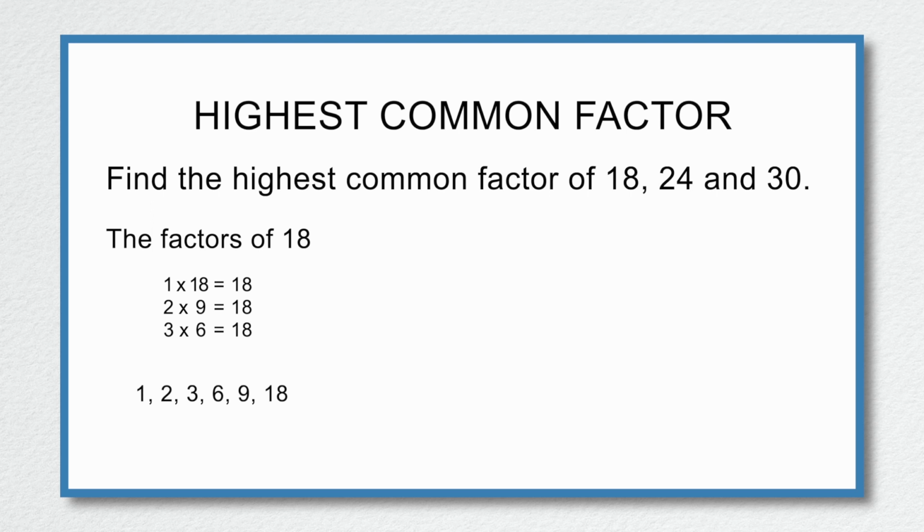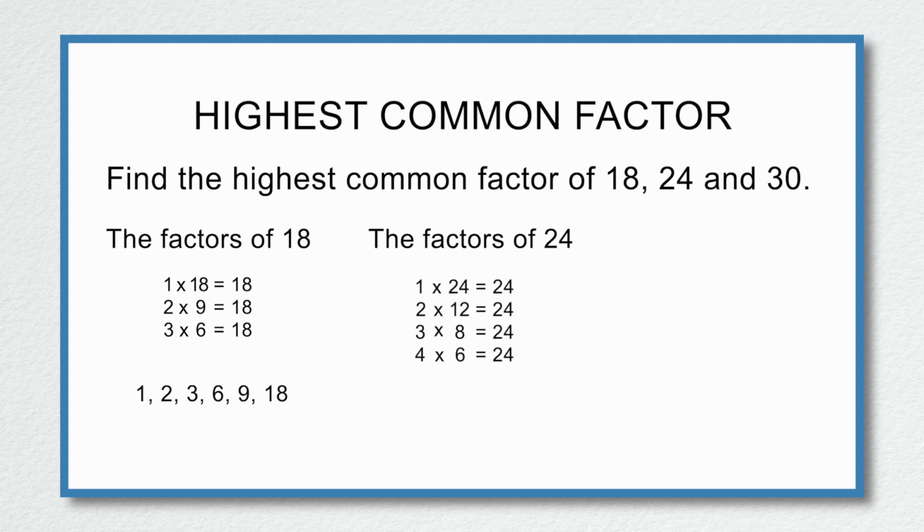Repeating this process for 24, well, 1 multiplied by 24 is 24, 2 multiplied by 12 is equal to 24, 3 multiplied by 8 is equal to 24, 4 multiplied by 6 is equal to 24. So those are our factors: 1, 2, 3, 4, 6, 8, 12 and 24.